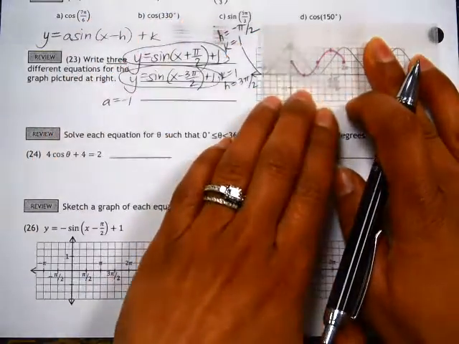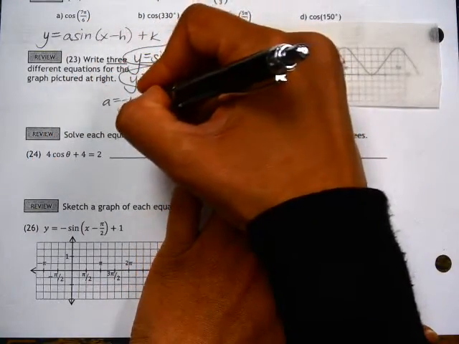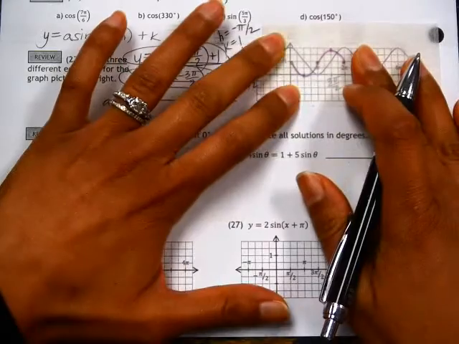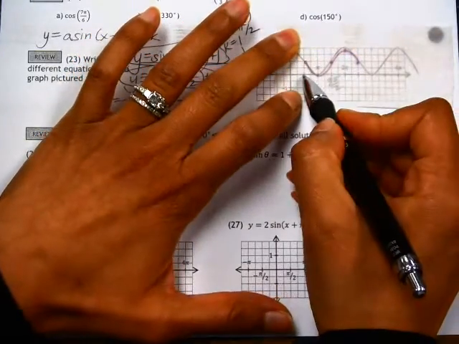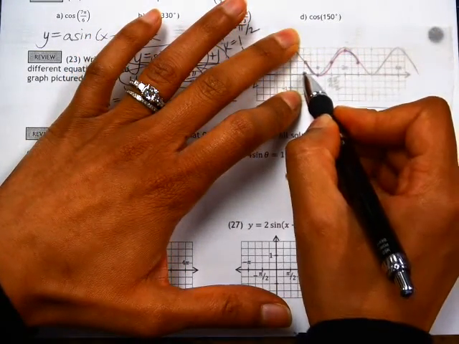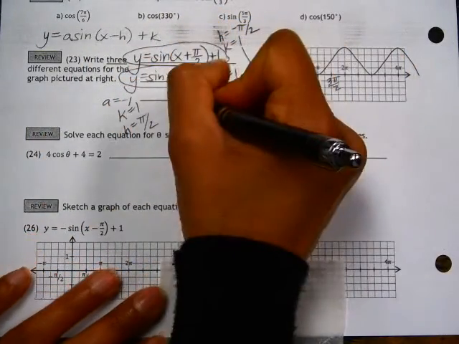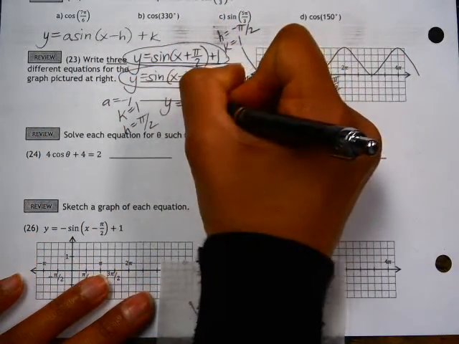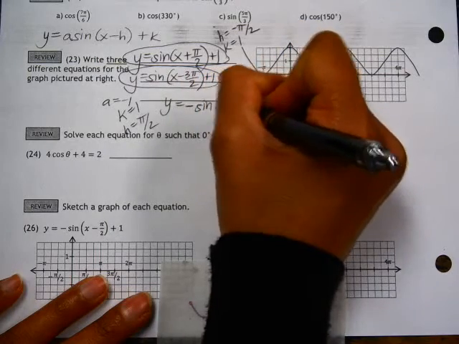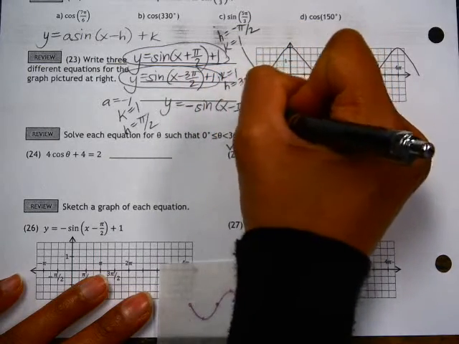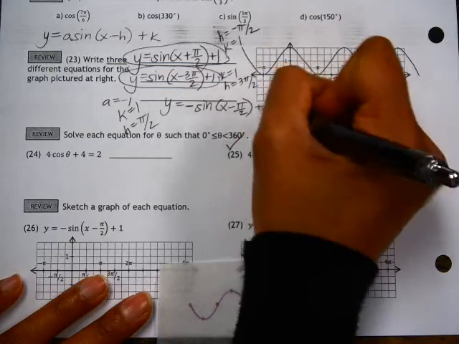So k equals positive 1. And right by pi over 2 units, which is this mark right here. So h is pi over 2. So y equals a is negative 1 sine x minus pi over 2 plus 1.